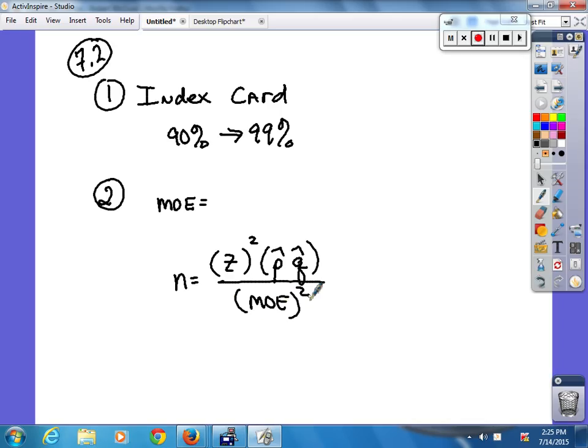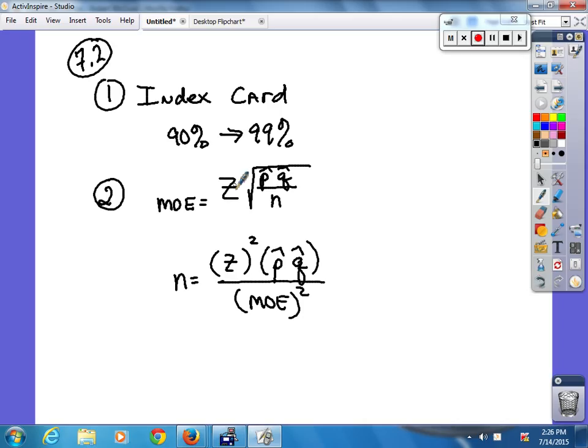Okay, this is the square root of p hat, q hat, over n, multiplied by z. There's your two formulas that you need to know.